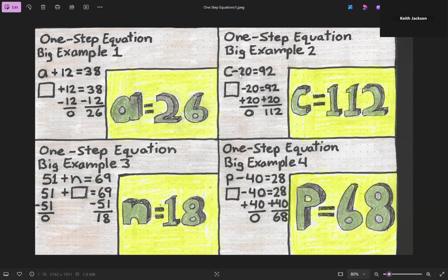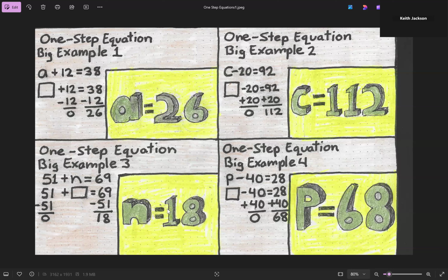We have a subtracted 20, which means we're going to do the opposite operation by adding 20 to both sides. And so negative 20 plus 20 will give us 0, while 92 plus 20 will give us 112. This is the number that is hiding behind box C, because when we plug 112 into the box, 112 minus 20 will give us 92. And so we know in this case, C is equal to 112.